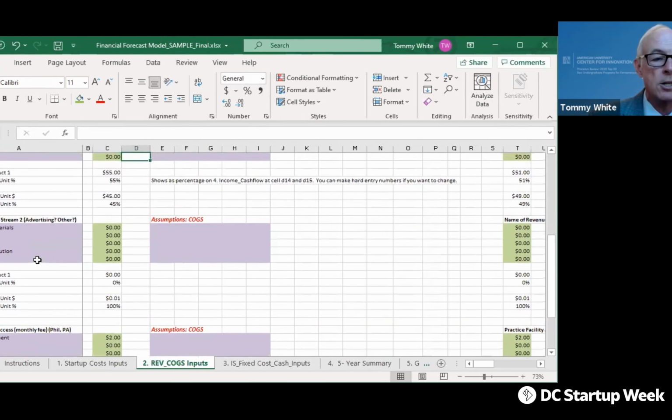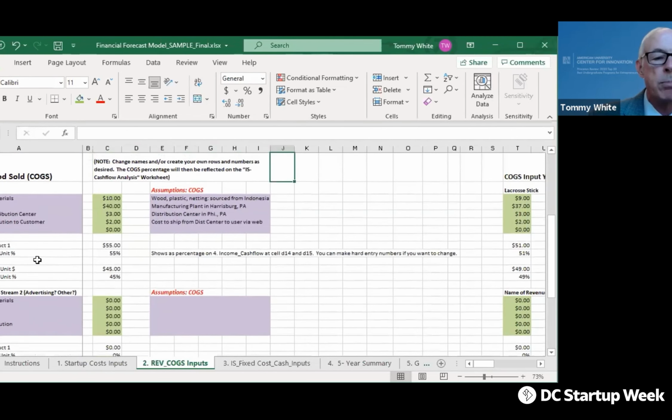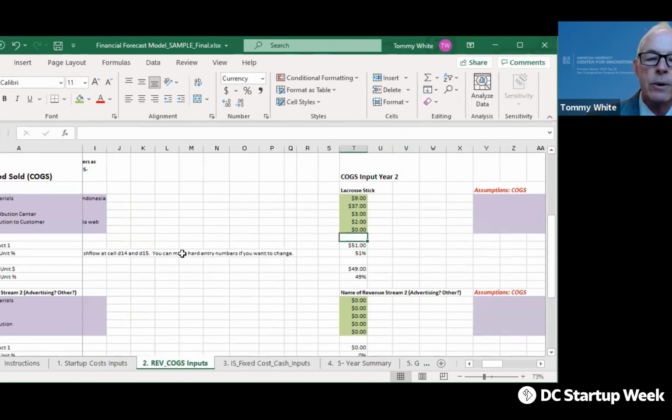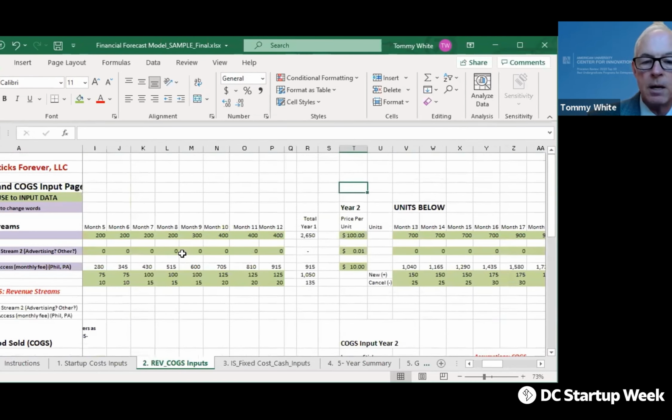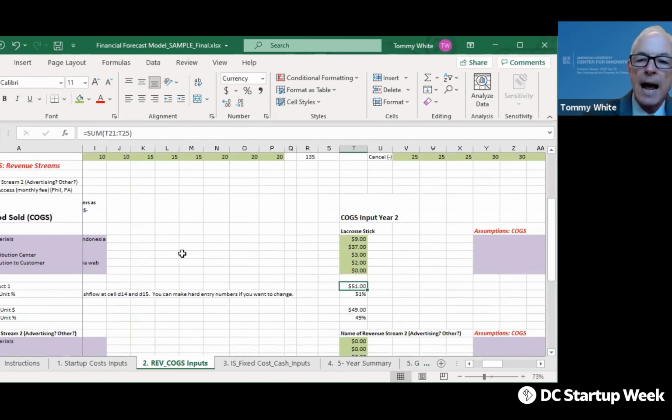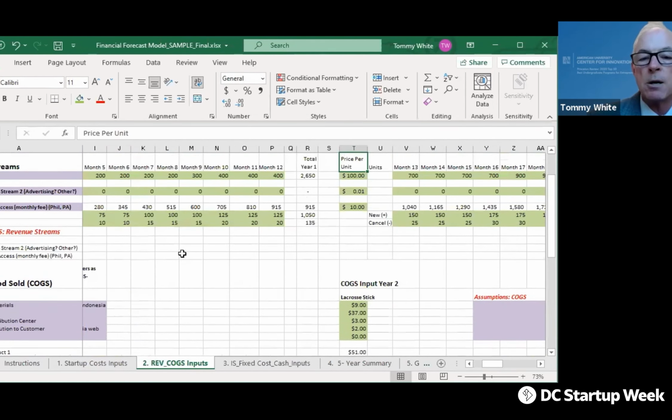All right. My cost of goods sold. One thing that's really important to look at, though, is if you see this right now in year 1, my cost of goods sold is $55. As I go out into year 2, even though my revenue is the same per unit at 100, my cost of goods sold starts to go down a little bit. And that should happen because my units are going up. I should be getting better prices.